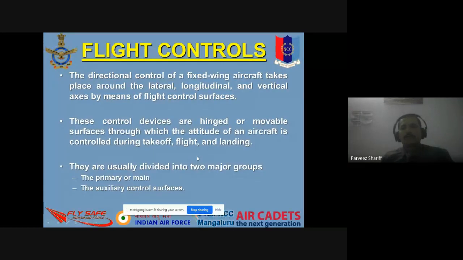There are two types of controls: the primary controls and the auxiliary control surfaces. That we have to understand. These control surfaces are hinged or movable surfaces by which the attitude of the aircraft is controlled during takeoff, landing, or flight. When you are flying an aircraft, some controlling is required.